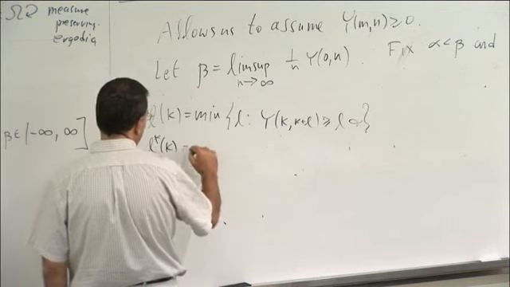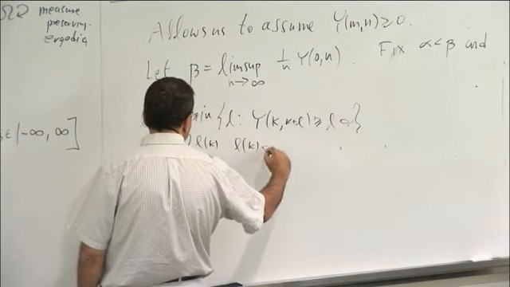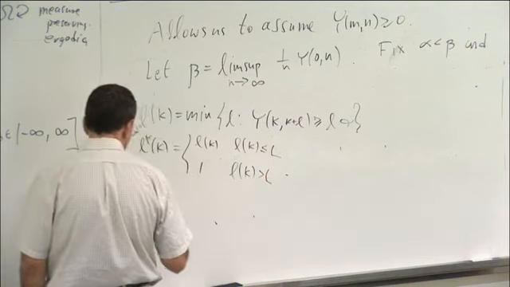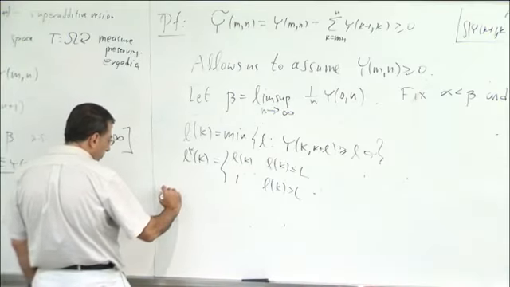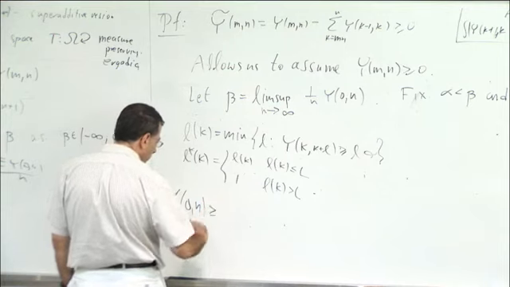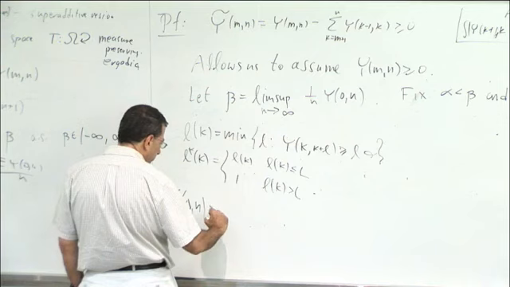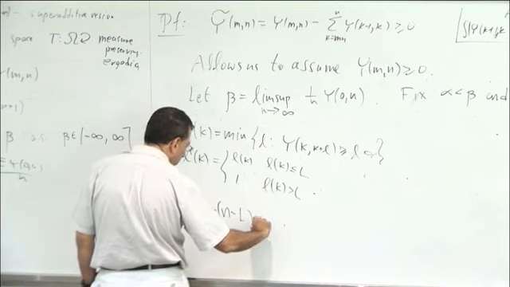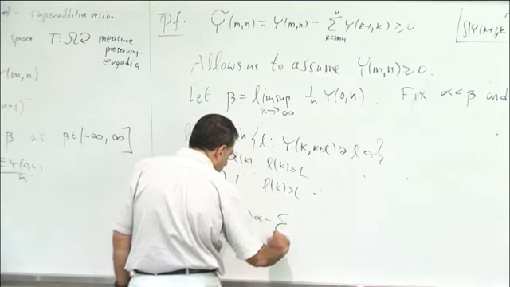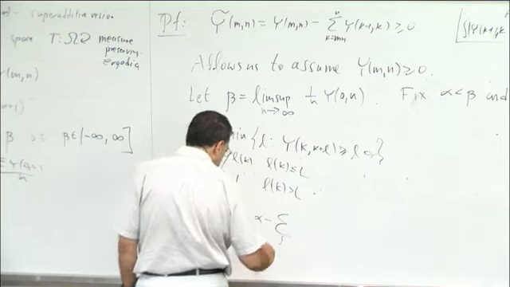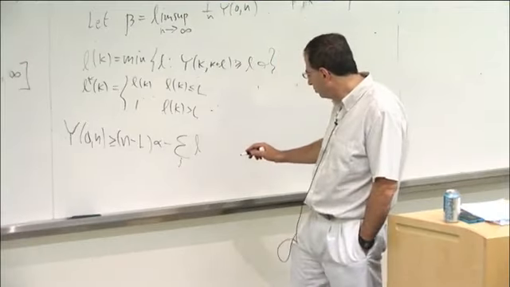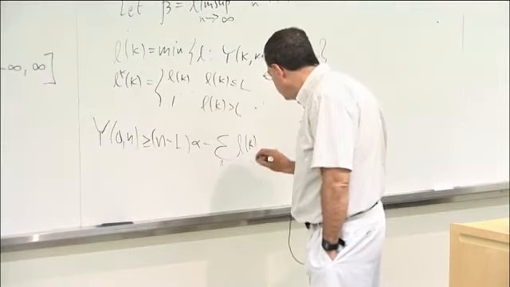And L star of k will be L of k if L of k is less than L, and 1 if L of k is bigger than L. Now the same logic that we've used already twice before will allow us to bound Y_0n from below by something essentially n minus L times alpha, minus the sum over all k so that L of k is bigger than L. I didn't tell you how we choose L, but you can already guess.